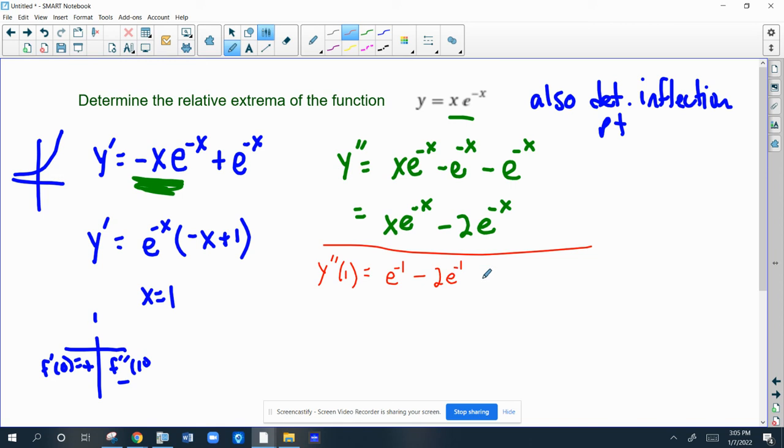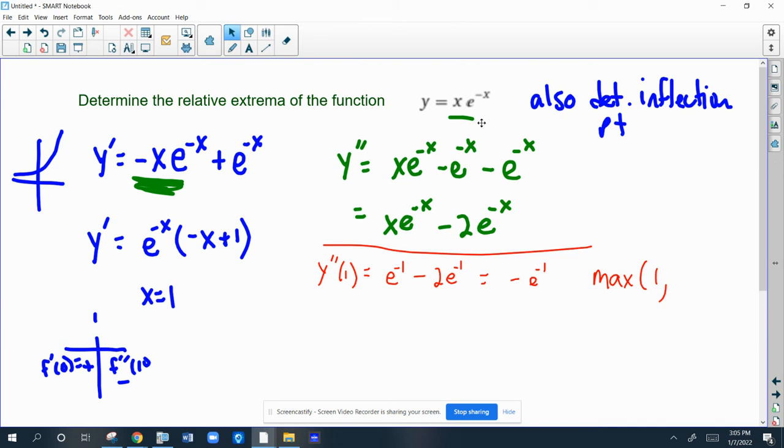Well, we can add those together. That's negative 1e to the negative 1, which is a negative number. So that indicates with the second derivative test that it's concave down, so that's a max. So both tests reveal that we have a maximum at 1, comma.